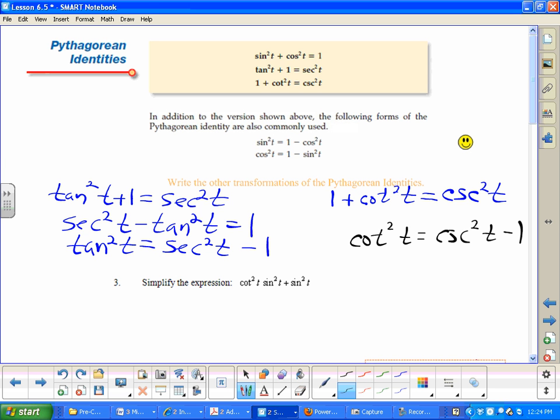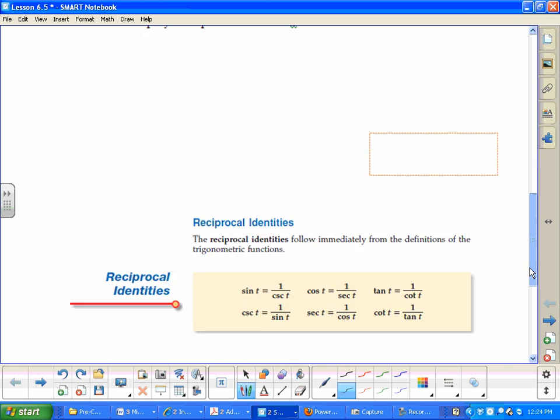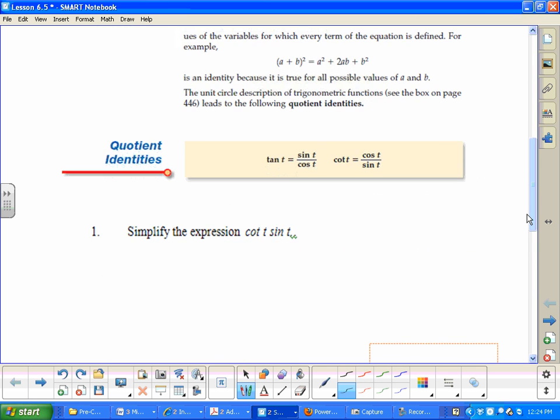But one thing we learned that you have written down somewhere is that tangent is equal to sine over cosine, and cotangent is equal to cosine over sine.